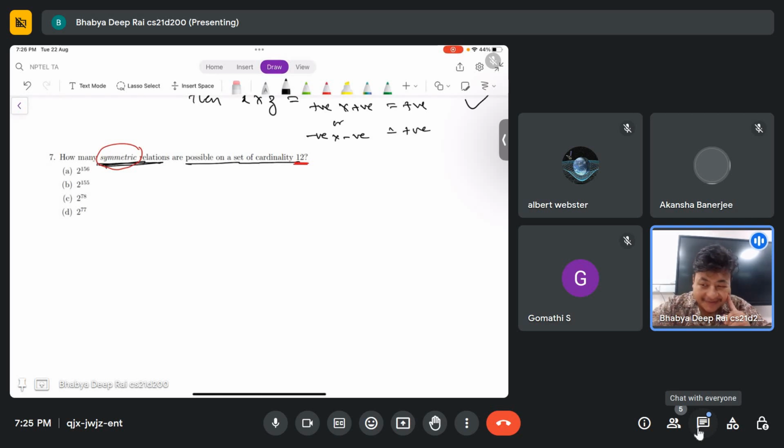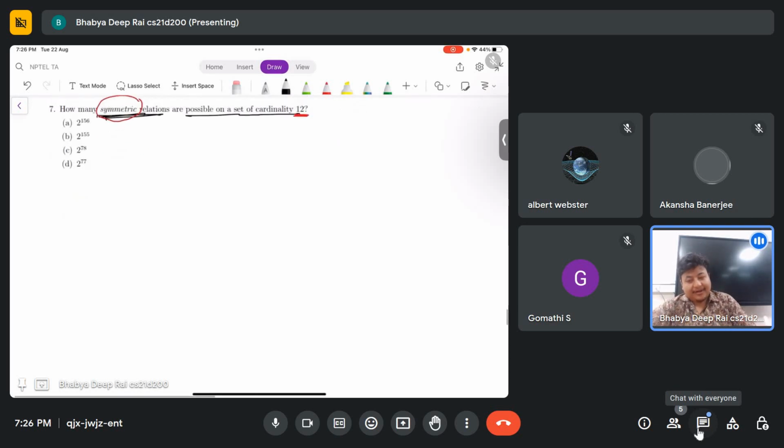Yeah, let's try. So, 2 power 156, 155, and so on. If we use the formula directly, that is the simplest way to go about it.